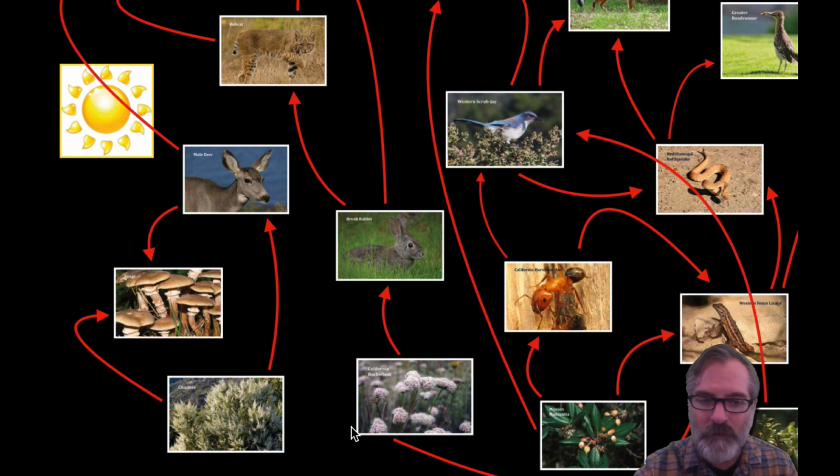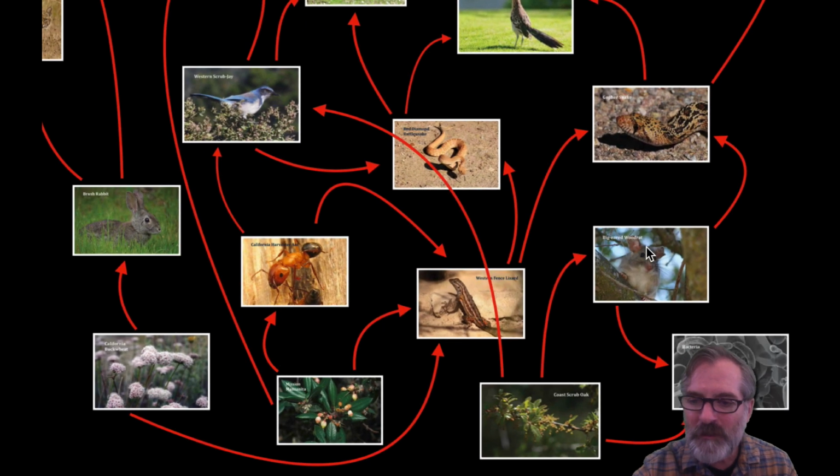It doesn't eat any animals, it just eats the producer, the plants, or the autotrophs, so that makes it a herbivore. Let's see if we can find another herbivore. Oh, this bush rabbit here feeds on the California buckwheat, so that's going to make that bush rabbit an herbivore. And it looks like this big-eared wood rat is feeding on the acorns of the scrub oak, so herbivore here.